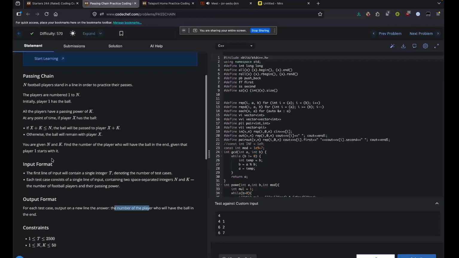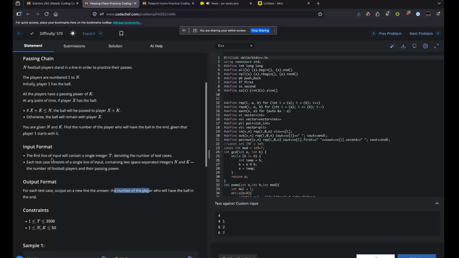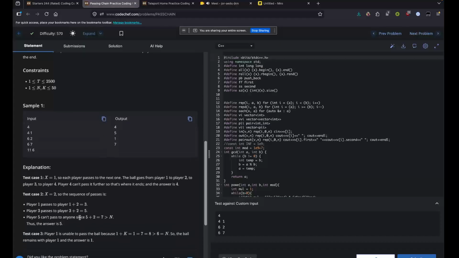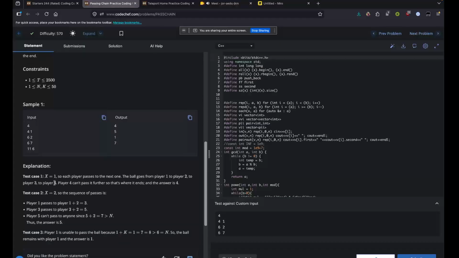We need to find who will have the ball in the end. If I show you a test case, if k equals 1, each player passes to the next one. The ball goes from player 1 to 2, 3, 4, but player 4 can't pass it further. So our answer is 4.